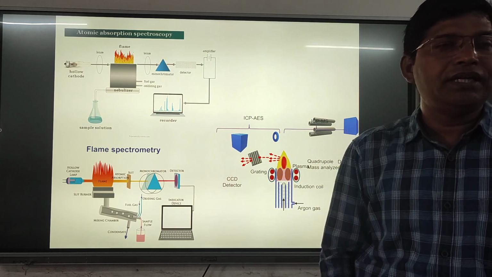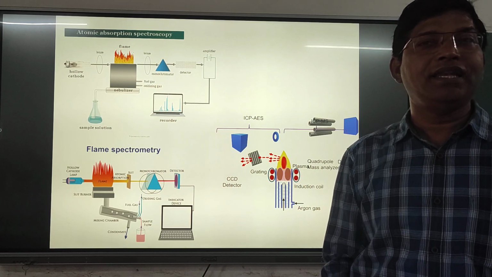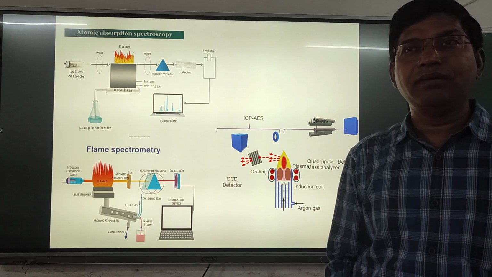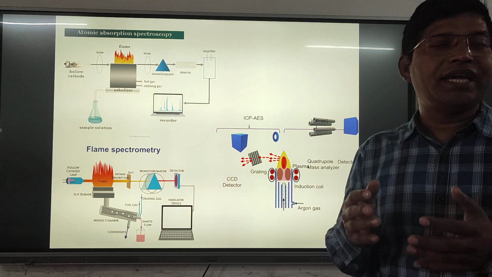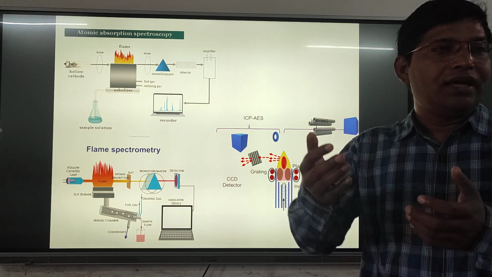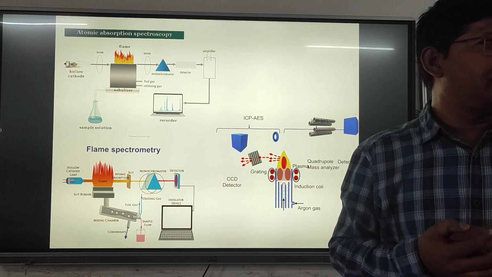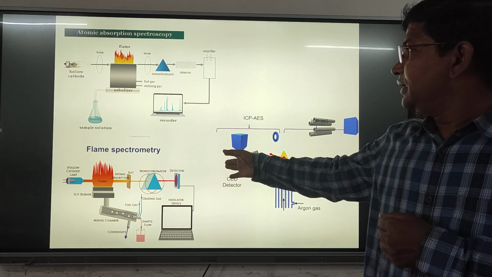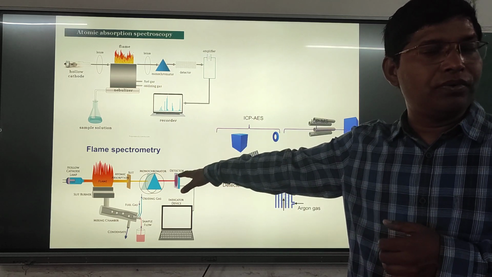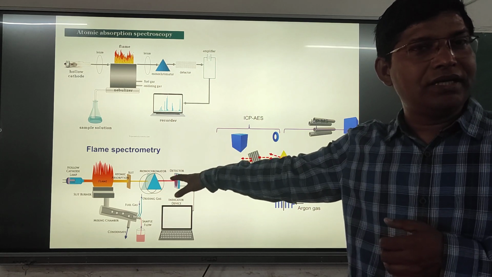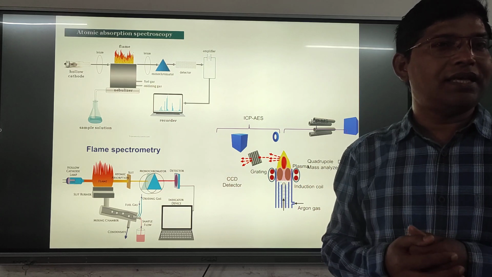The flame photometer is useful for determination of light elements like sodium, potassium, calcium, and strontium, which can be atomized at a lower temperature, around 1000 centigrade. What is the disadvantage of flame photometry? We cannot determine all the elements that are present in the samples.